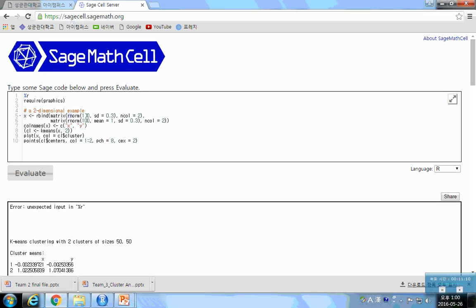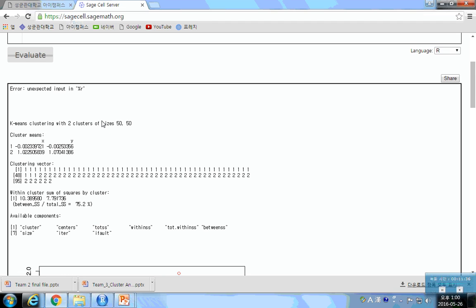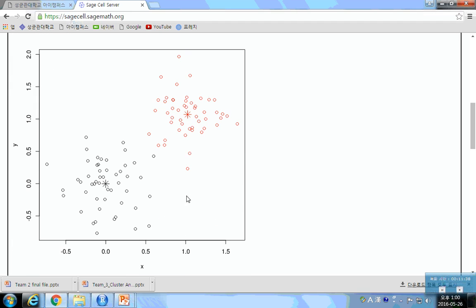Here we took a normal distribution with mean 0, and here mean 1. So we randomly generate 100 data points, but we already know the mean should be 0 here, and mean should be 1 here.